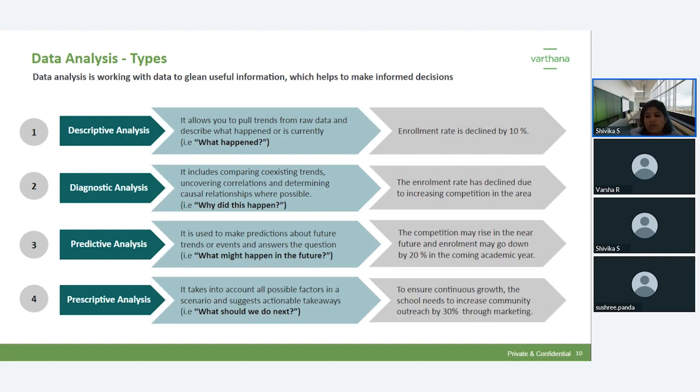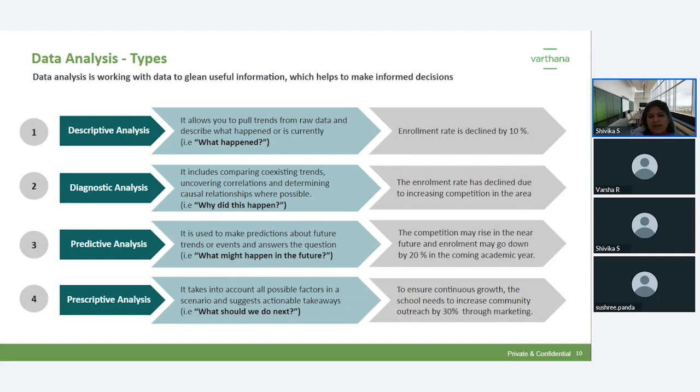Now you know what has happened, what the market scenario is, what skill set we need, what you should do next to prepare these students for the future. So maybe you can focus on remedial classes, you can gather data around that, which core skills you need to develop to ensure that they are ready for future job roles. So these are four types of analysis which you can do using data.